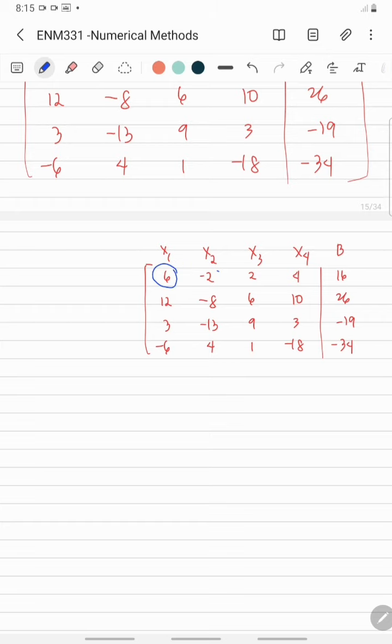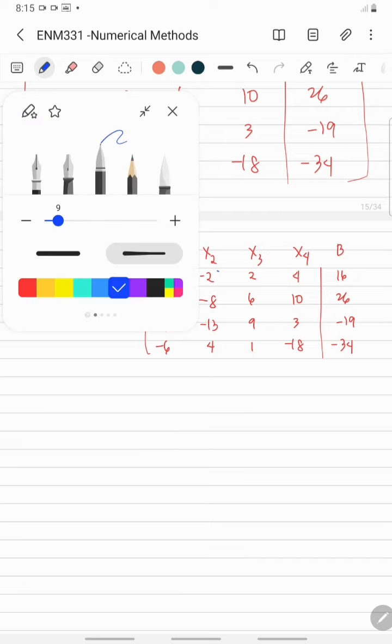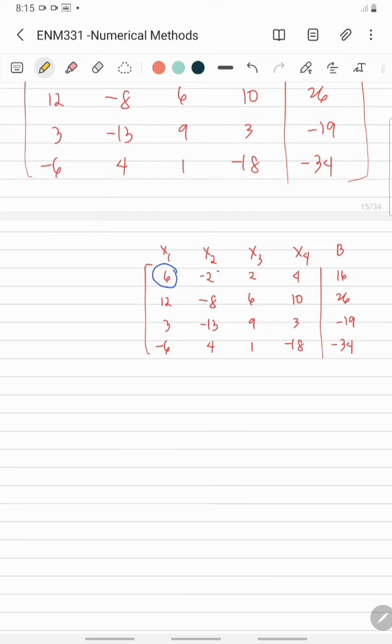The pivot element here is equal to 6, and our objective is to make the element of this column equal to 0, and the only row not being changed is the row containing the pivot element of 6.